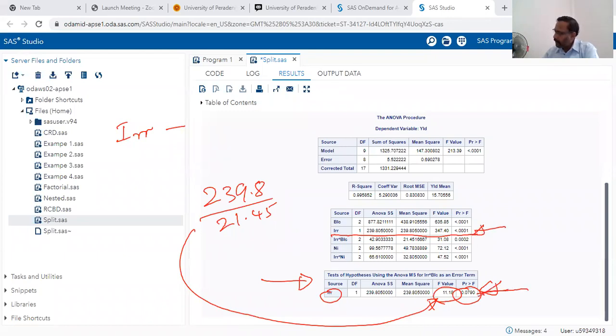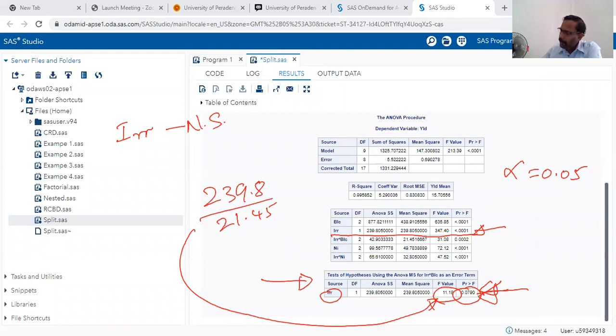Now look at this value. Is it significant now? If we take alpha as 0.05, now it is not significant, because the alpha value is smaller than the probability value. So irrigation is not significant.